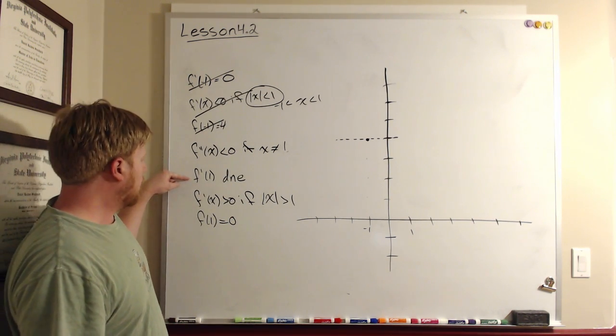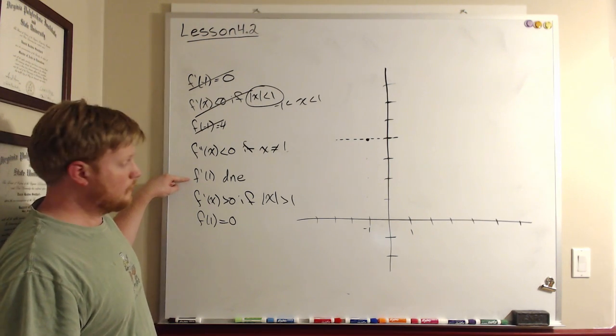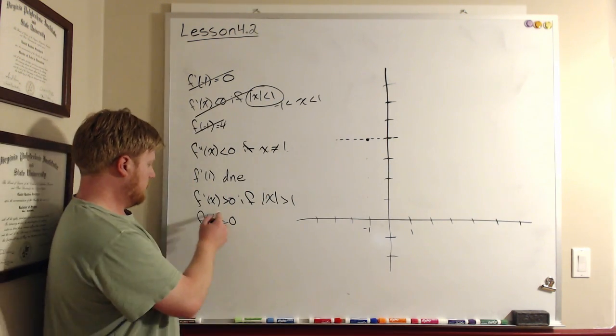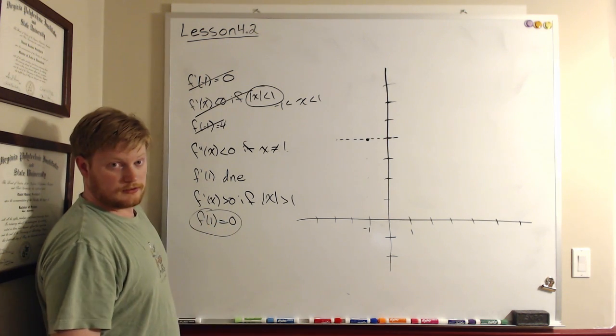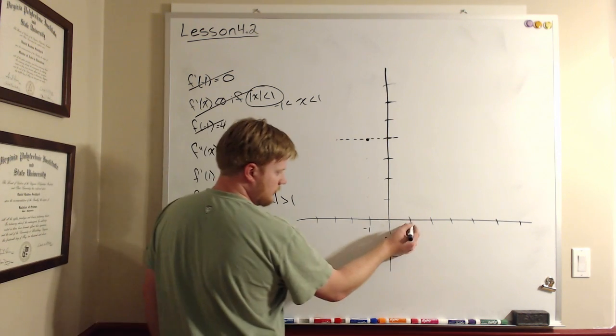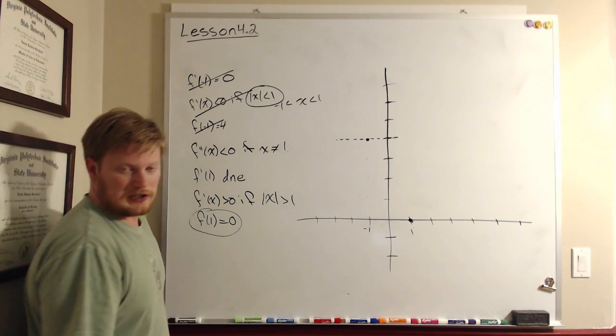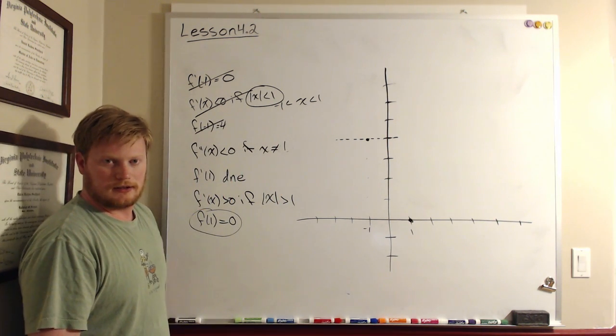F prime of 1 doesn't exist. So whatever f of 1 is, the slope does not exist there.